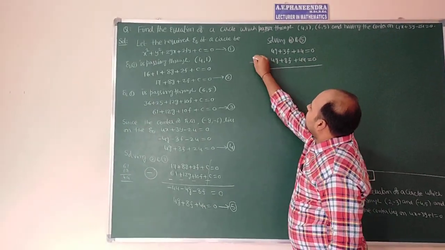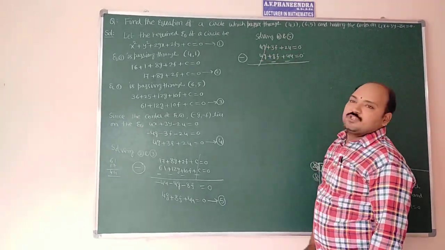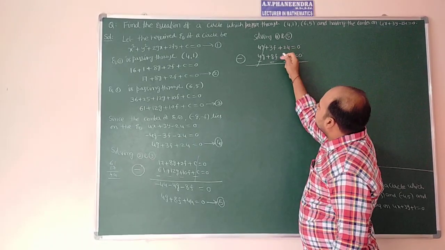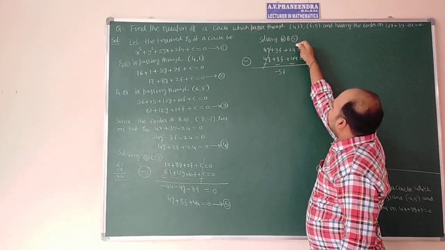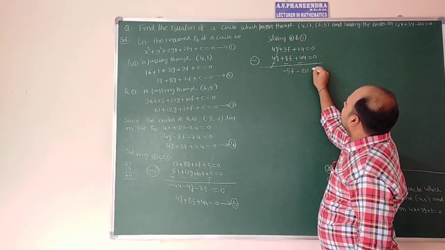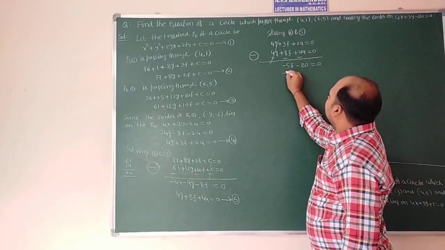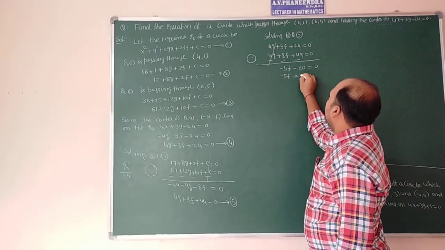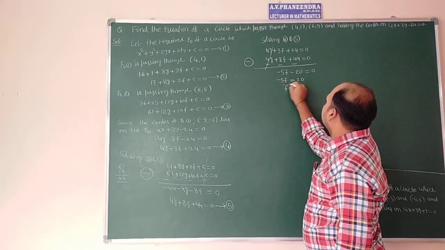While subtracting, sign change, minus, minus, minus, plus, 4g minus 4g get cancelled. 3f minus 8f, minus 5f, minus 44 plus 24, minus 20 is equal to 0. Minus 5f is equal to 20, f is equal to minus 4.